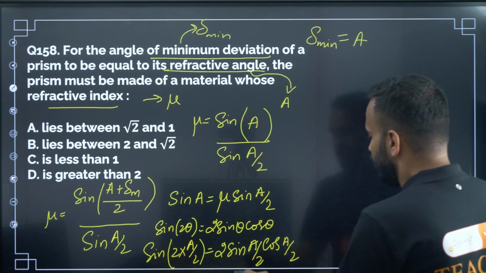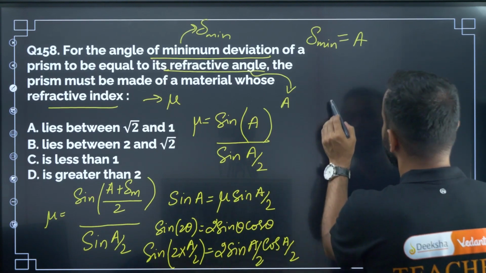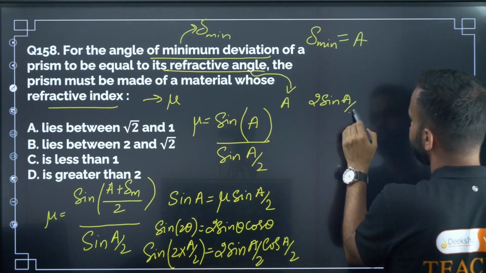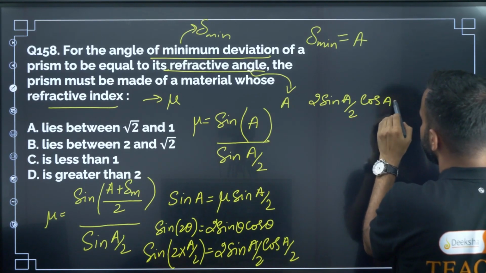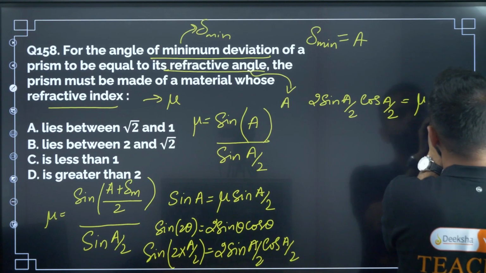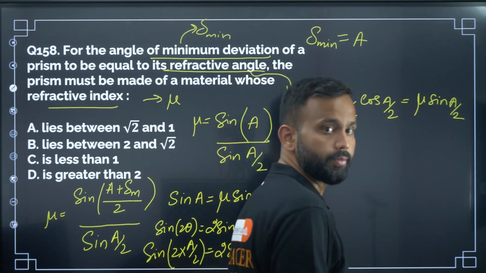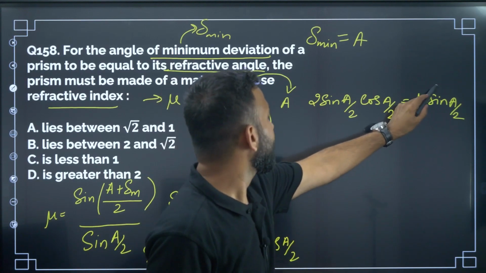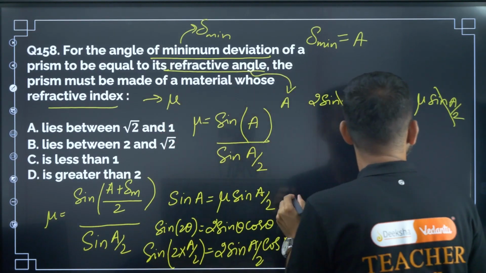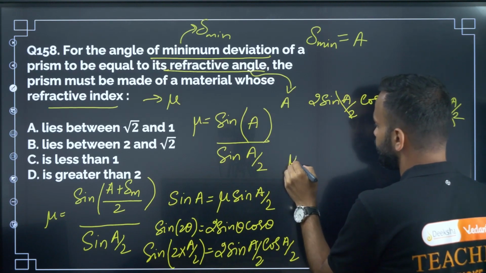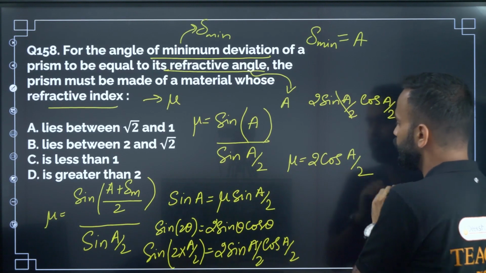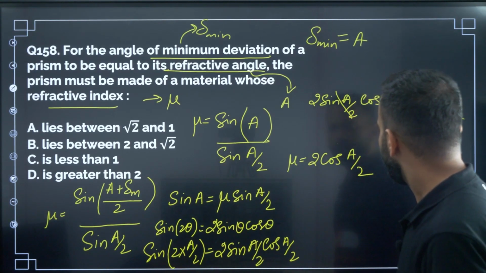So 2 sine A by 2 cos A by 2 is equal to mu into sine A by 2. Sine A by 2 will get cancelled, so mu equals 2 cos A by 2.